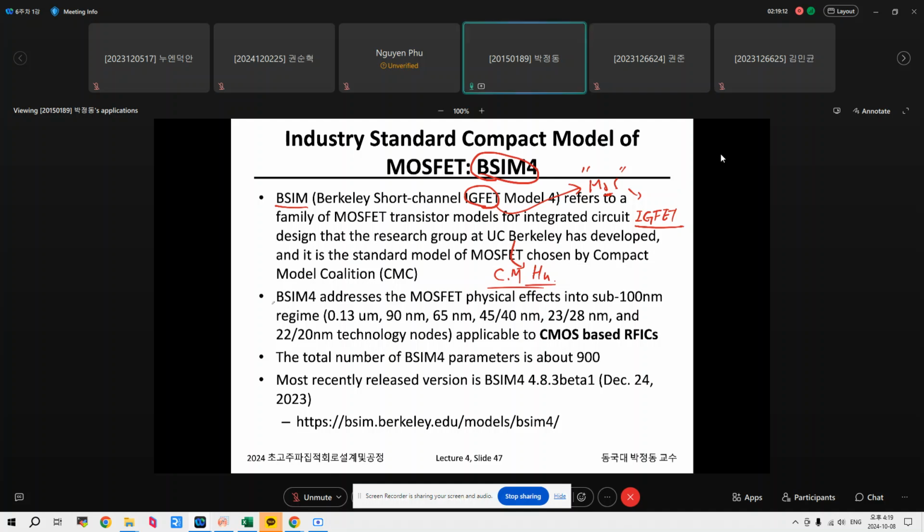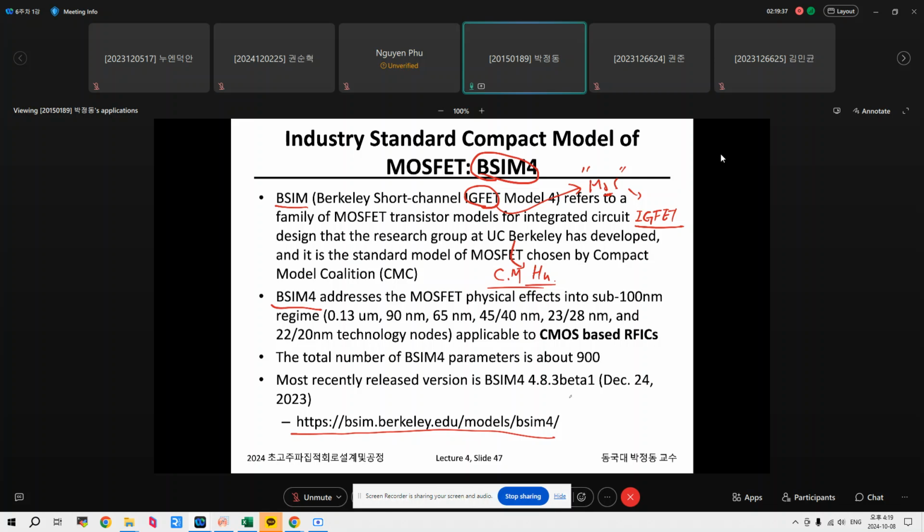For BSIM4, there exists a website, so you just check this website. They update the model for free. Interesting, right? They update the model for free. That's actually a Berkeley policy.